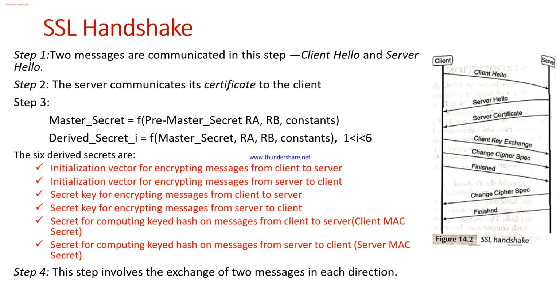If you are concerned about confidentiality, what encryption algorithm to rely on, whether it is DES or 3DES, AES, RC4, etc. And also you will be deciding about the key exchange method used for communicating the pre-master secret.